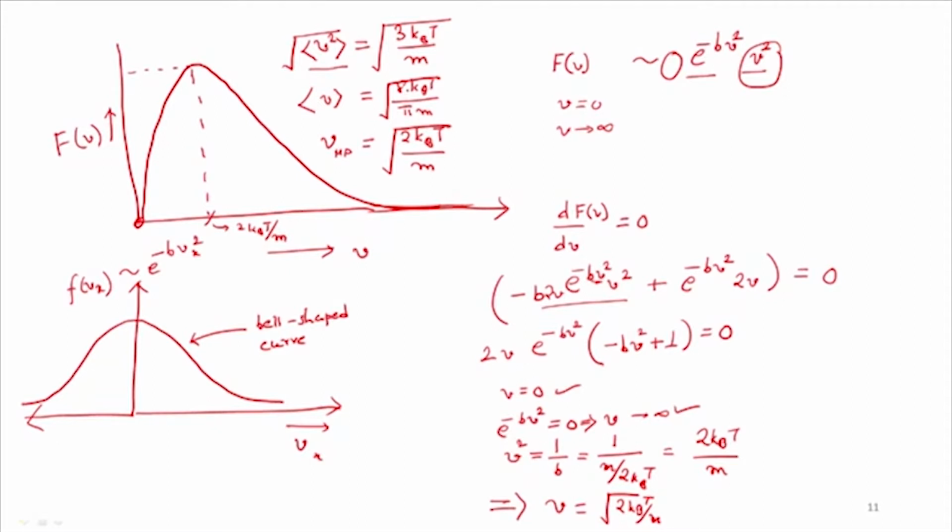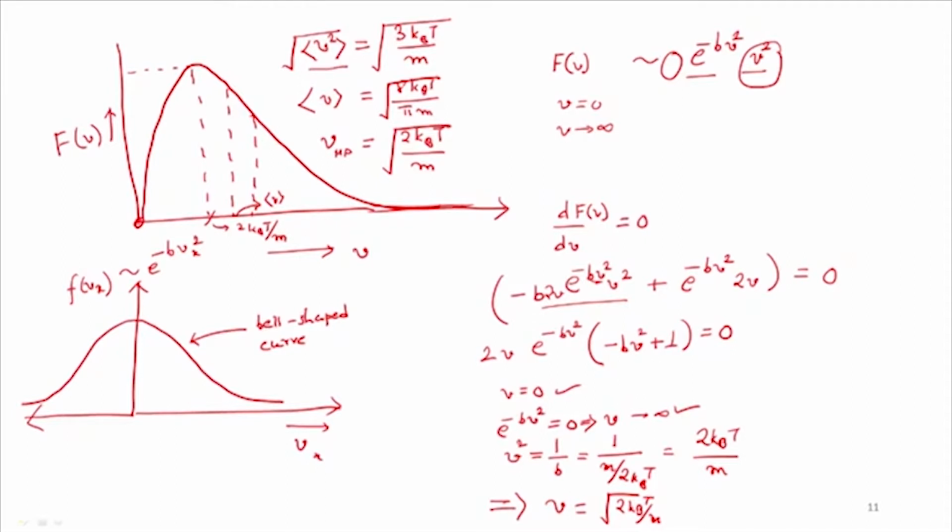So the average velocity will be somewhere here, higher than this value. So this will be the v average position. It's highly qualitative the way I'm writing it right now. And the RMS velocity will be somewhere here, which is the highest value.